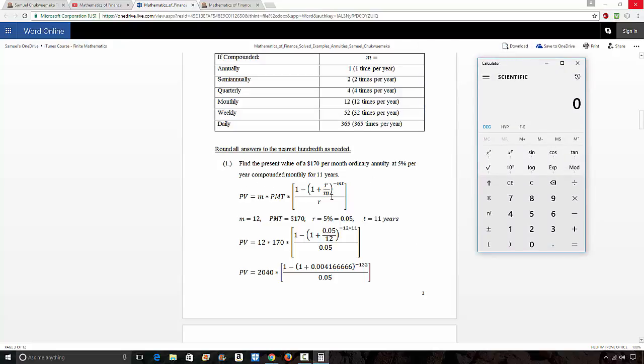So this is the formula right here. You know that it is compounded monthly, so M is 12. The periodic payment, in this case, the monthly payment is $170. The rate is 5%, which you want to convert to decimal. And the time is 11 years, so it is in years, so we are good.